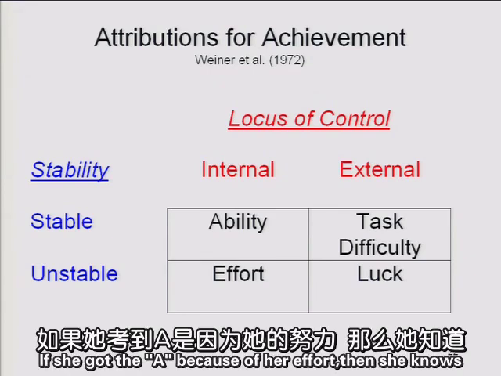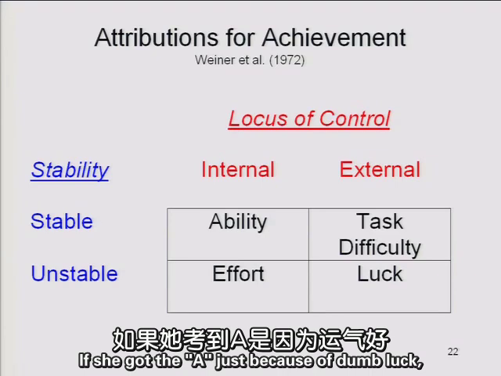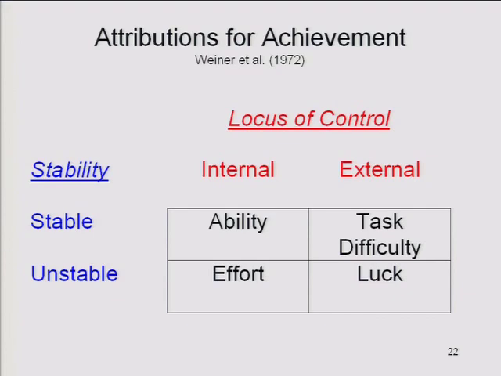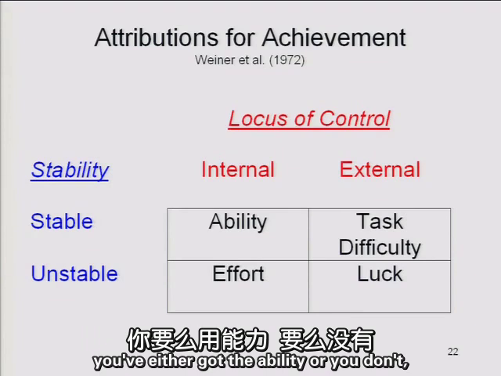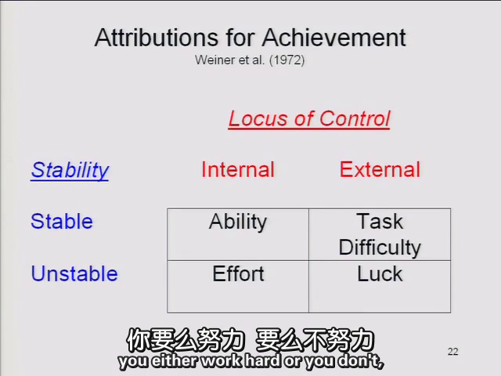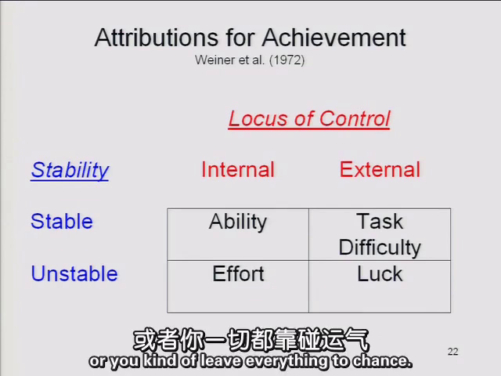If she got the A because of effort, then she knows she has to study hard again the next time there's an exam. If she got the A just because of dumb luck, then there's nothing she can do about this. Here there are things you can do. You've either got the ability or you don't. The exam is either difficult or it isn't. You either work hard or you don't, or you kind of leave everything to chance.